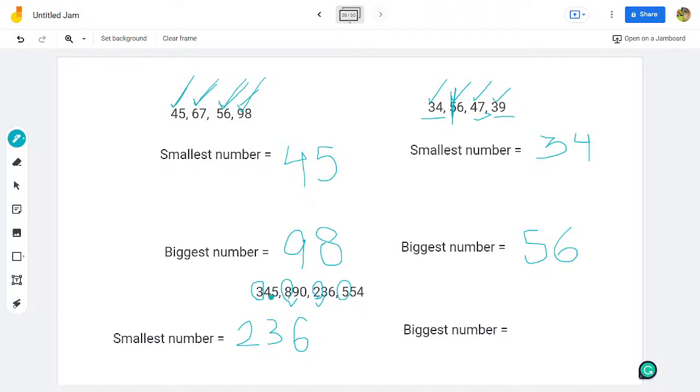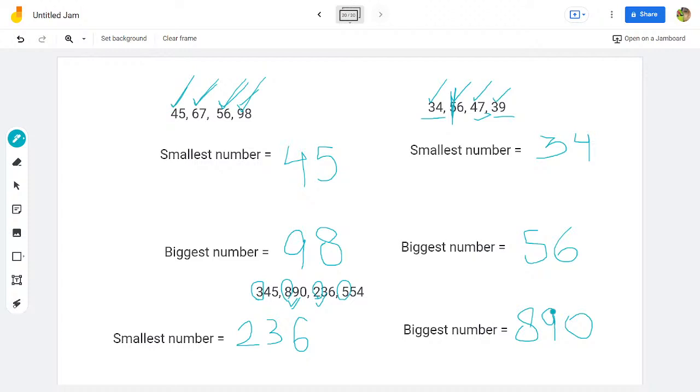So again we know that 8 जो है वो 3, 2 and 5 से बड़ा है. So 890 is the biggest. 890 सबसे बड़ा नंबर है, it is the biggest number.